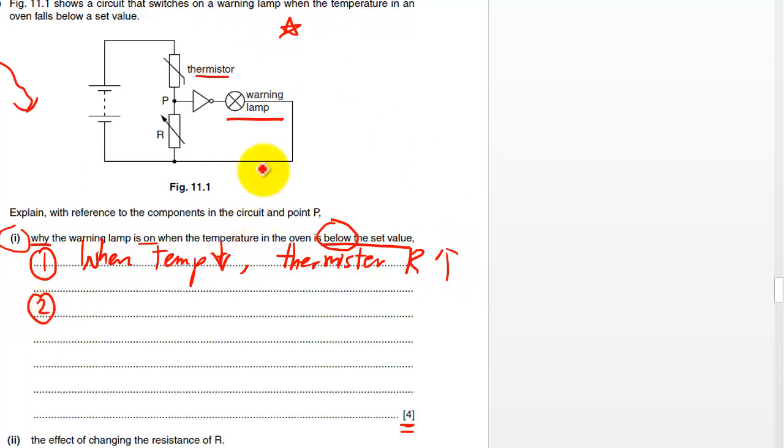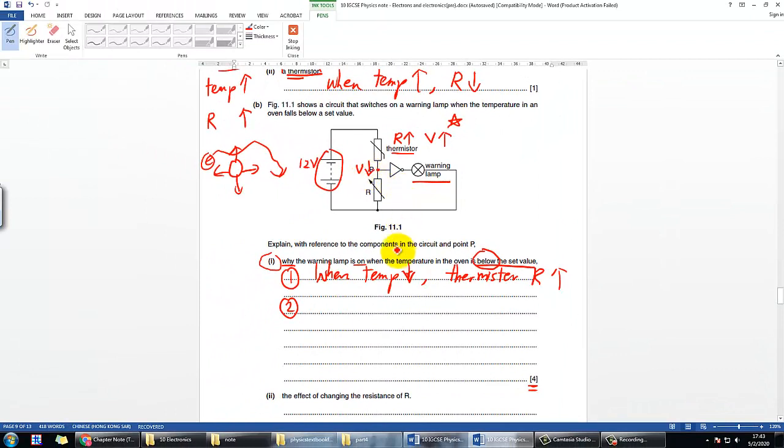And so in that case, if the resistance of this increases, then you should recall that the voltage taken by this thermistor will be high. So imagine if the battery is 12V, then the thermistor is probably going to take up more voltage. Let's say 10 volts. That means at this point it's already a very low voltage, after the voltage is taken by the thermistor.